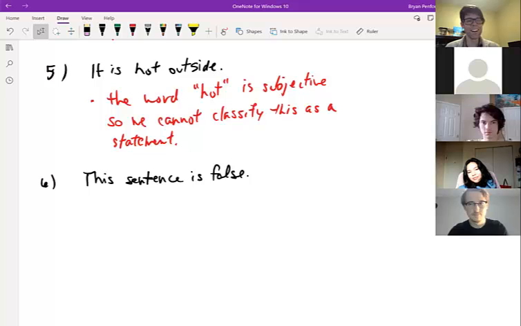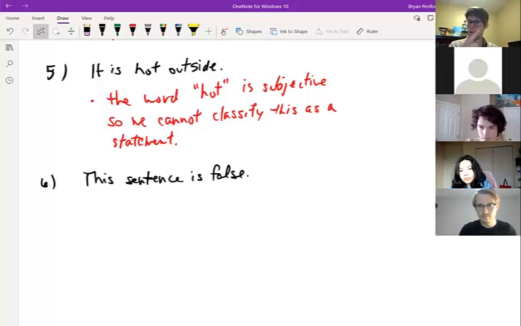Okay, so if this sentence is false, if we think that it's true, but it's saying that it's false, we run into a problem. So if we think that this sentence is true, but it says this sentence is false, then it's both true and false at the same time.